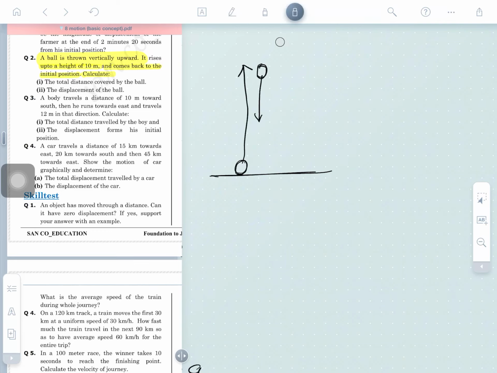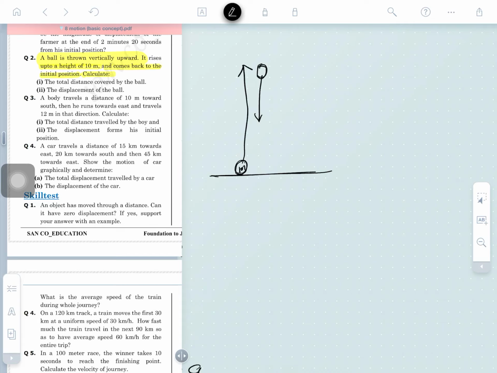Think of another situation: what exactly happens when any object goes up? When any object goes up, its speed decreases. Its speed goes down slowly, the speed will decrease here. So, what will happen then?